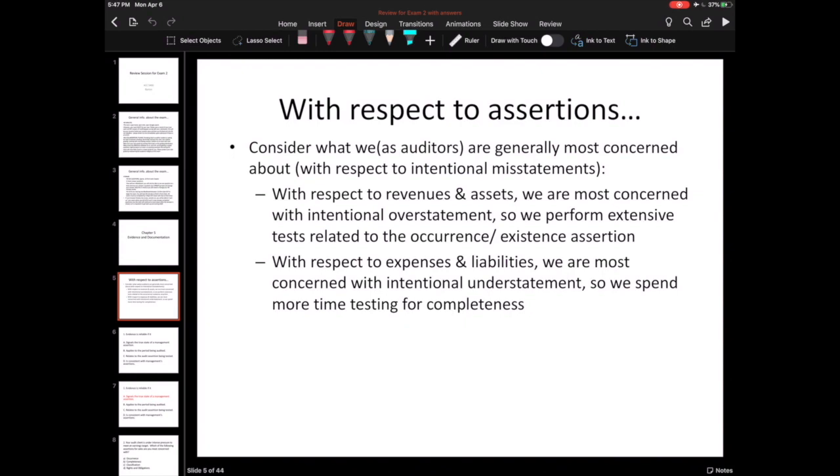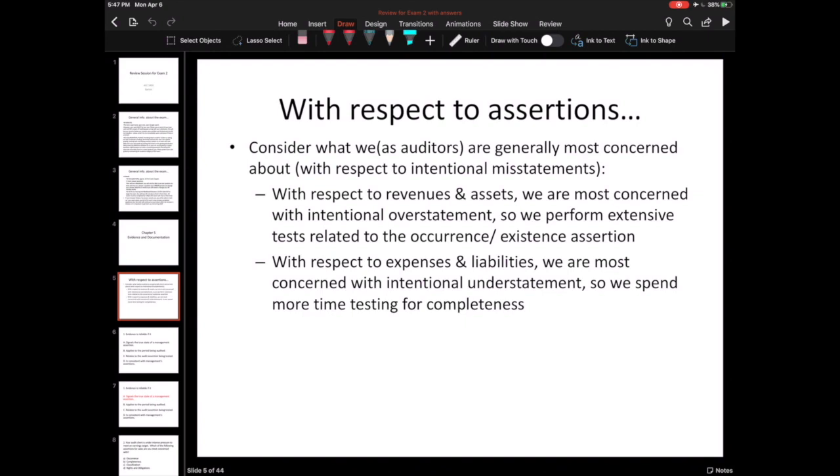One thing to keep in mind with respect to assertions is just to think about what we as auditors are generally most concerned about when it comes to intentional misstatements, because you do see a lot of questions around this and questions that basically come back to these sorts of principles.